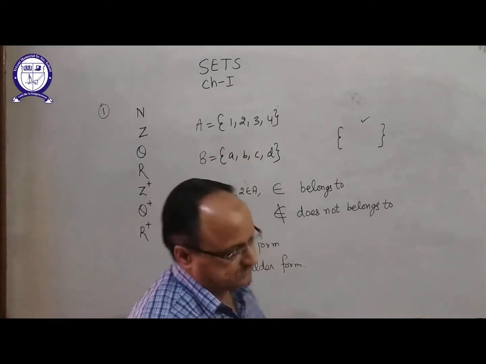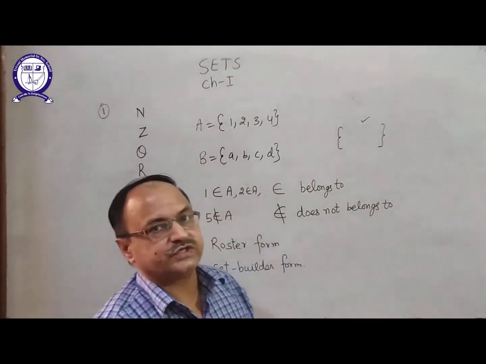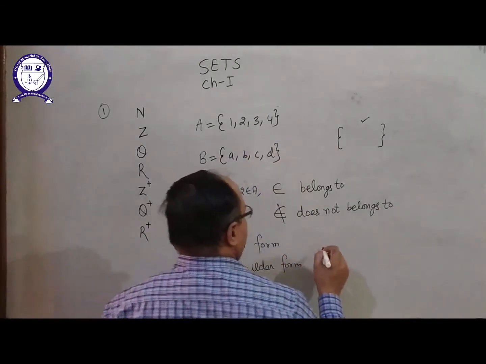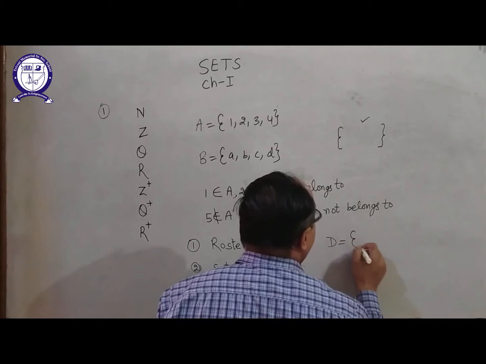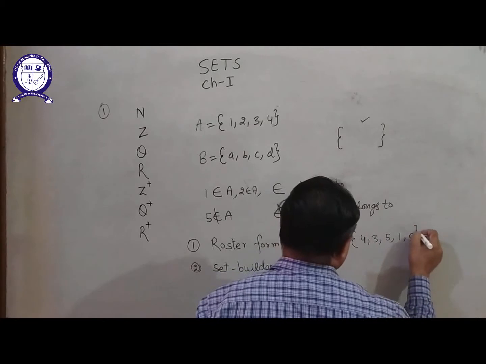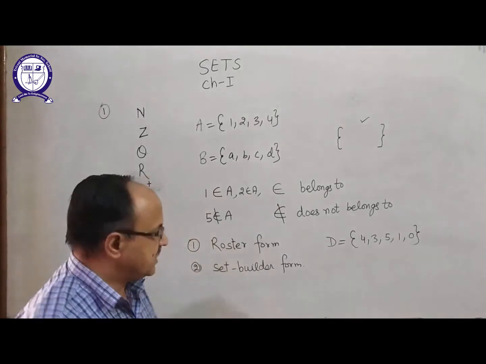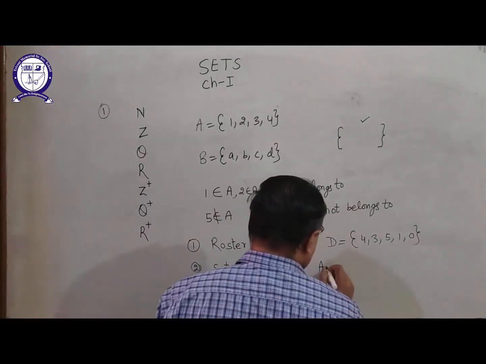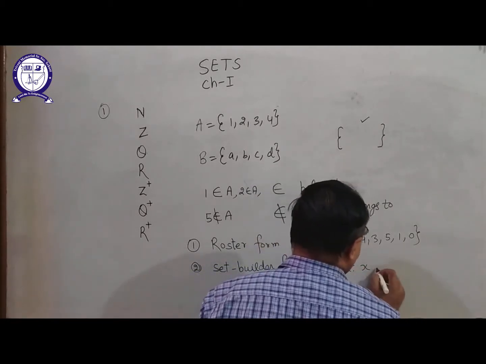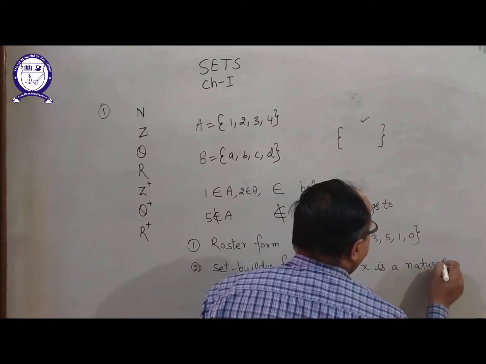When we write the elements in the form of digits 1, 2, 3, 4, 5 or a, b, c, d like this, that is called roster form. For example, set D is equal to {4, 3, 5, 1, 0}. This is the roster form. But in set builder form, you write the same thing in words. For example, set of all x such that x is a natural number.